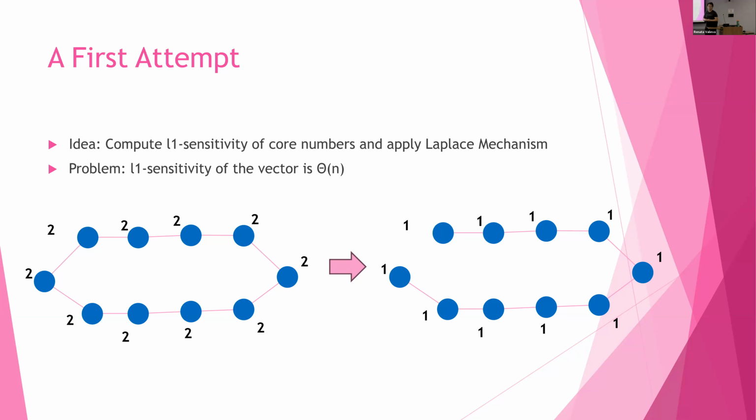Yeah, because you have to add noise that's proportional to n, if you want high probability bounds or even expectation bounds, the expected maximum error for all of the coordinates will be n log n. Yeah, because you have to use the union bound. It'll be O of n, but still that's too high.